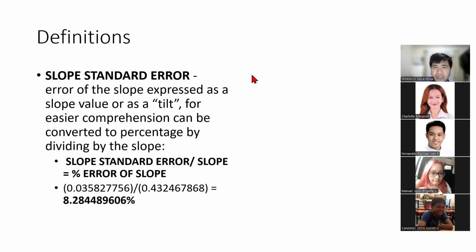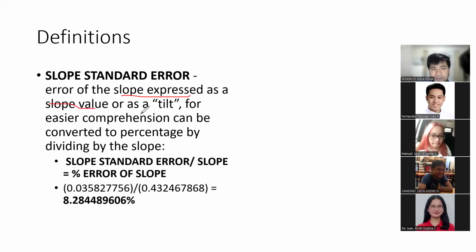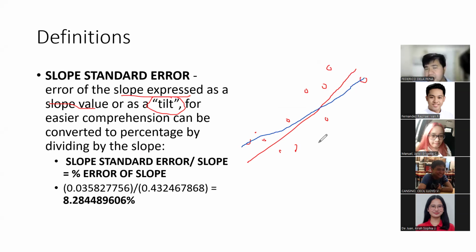Slope standard error simply expresses the error in the regression slope, and it is expressed in terms of a tilt. So when you're making regression lines, and you're trying to account for the scatter in the data, you're trying to draw an imaginary regression line that would perfectly fit the scatter of the data.